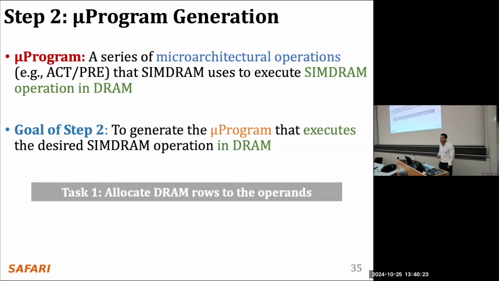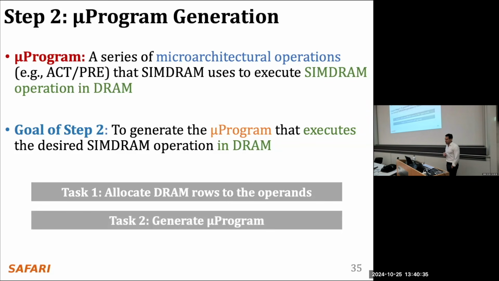So this step is broken down into 2 tasks. The first task is to allocate DRAM rows to the inputs for each edge of that majority-inverter graph. And the second task is to generate the microprogram in an efficient manner. So I'm going to briefly describe those tasks.